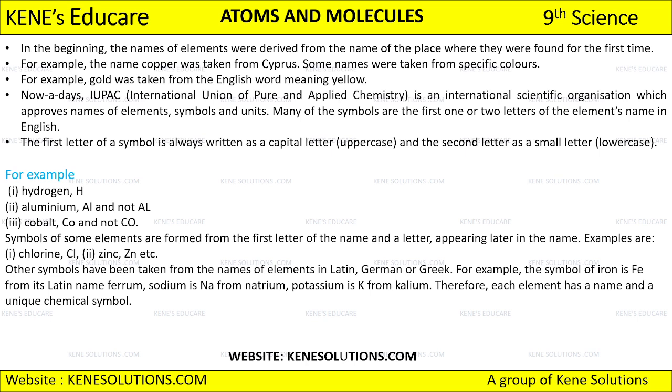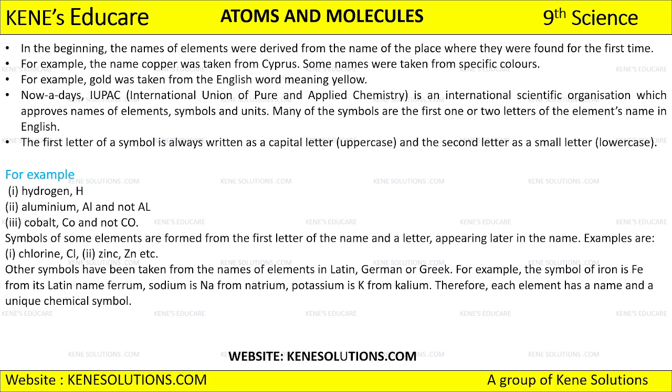Okay, and nowadays, IUPAC. Now, the full form of IUPAC is very important. The full form of it is International Union of Pure and Applied Chemistry. Nowadays, IUPAC is an international scientific organization which approves names of elements, symbols, and units.